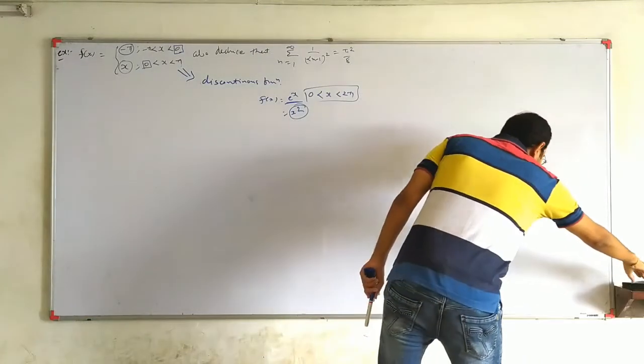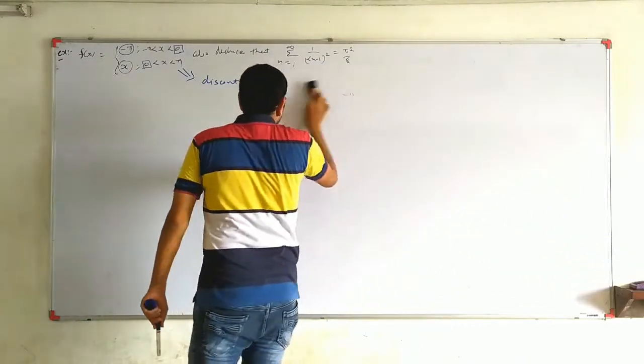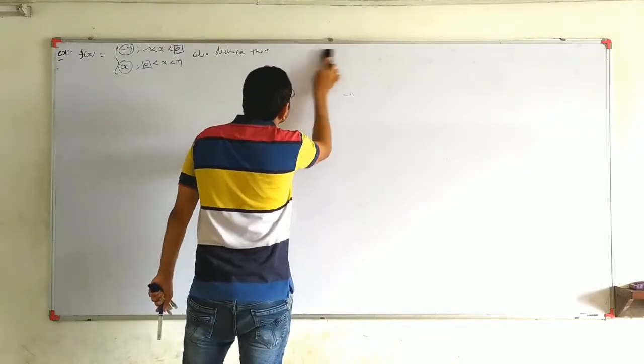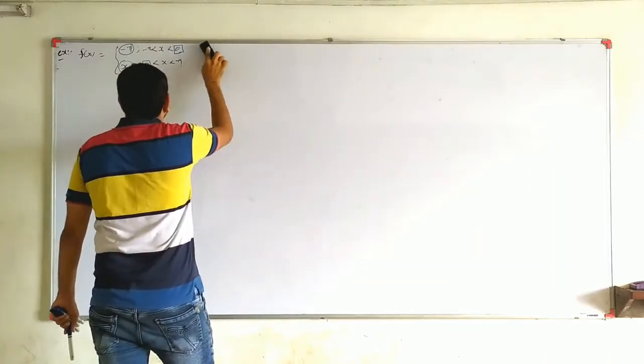In this type of example, we will find the value of the function at position 0.